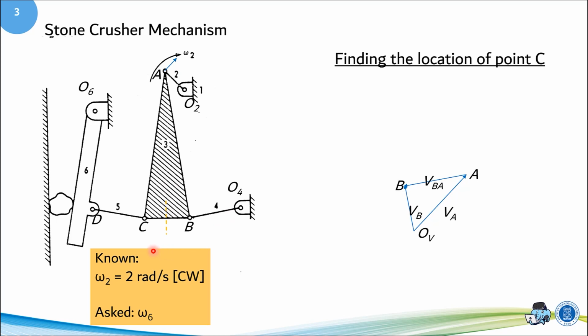Then, we move this line to the polygon through the point B. Next, we draw a line perpendicular to AC, as you can see here, and move this line to the polygon through the point A. You see the intersection of the lines AC and BC, so this point should be the point C. Now we get the triangle ABC in the polygon.